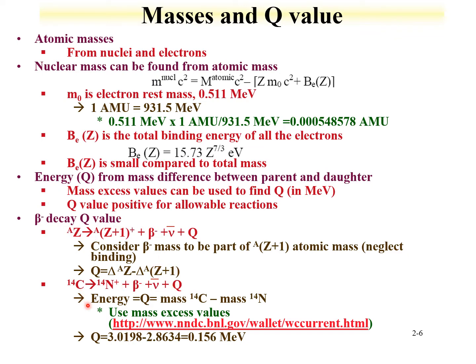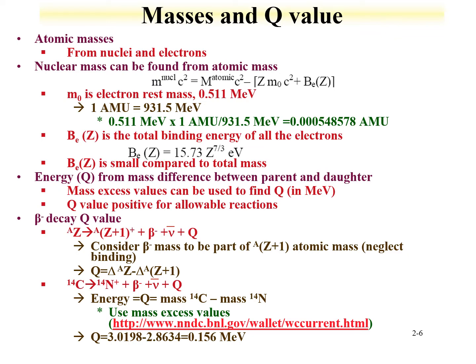An example of this: calculate the Q value for the beta decay of carbon-14. Carbon-14 decays to nitrogen-14 plus a beta particle plus an antineutrino plus Q. Rearrange the equation and solve for Q. So Q is equal to the carbon-14 mass excess minus the nitrogen-14 mass excess.